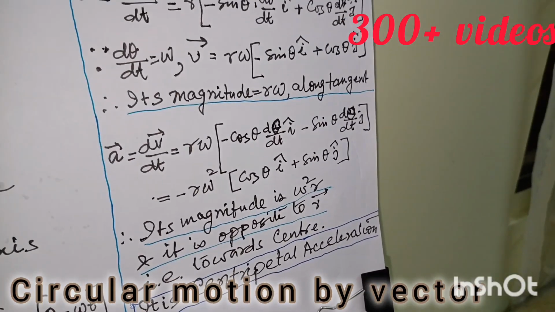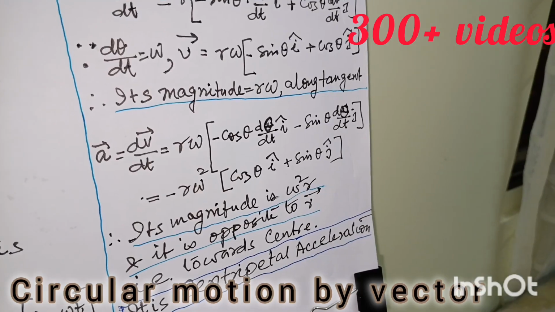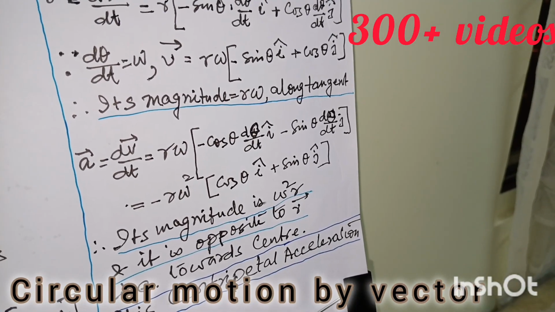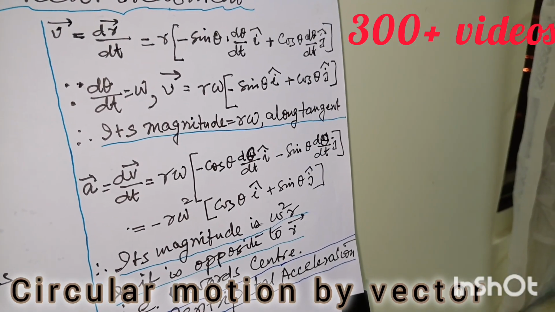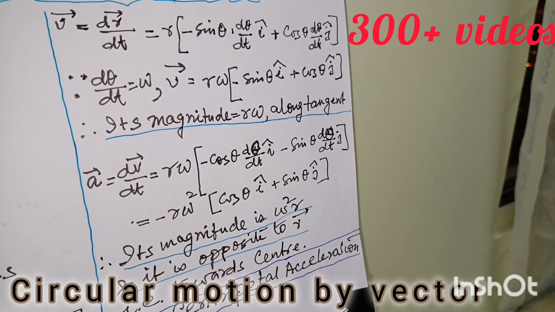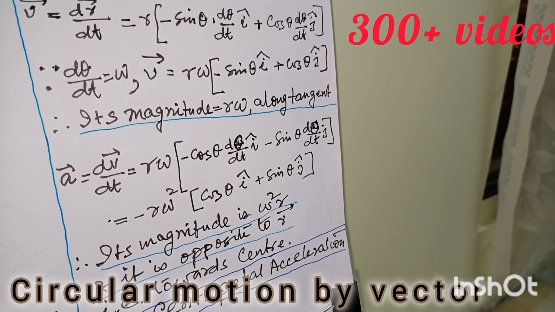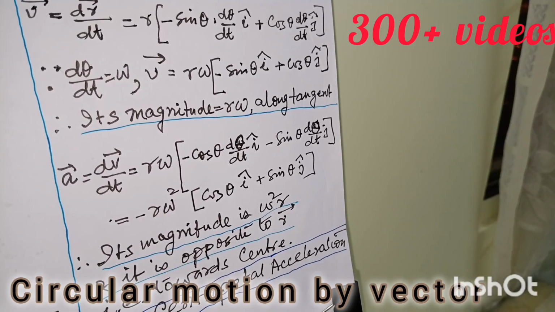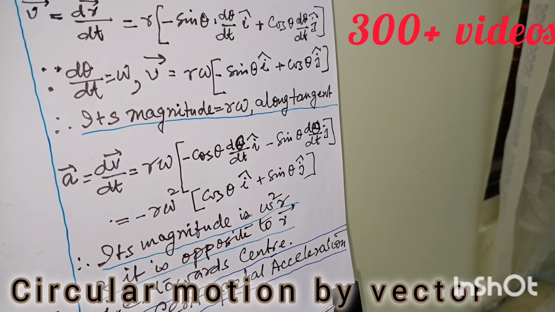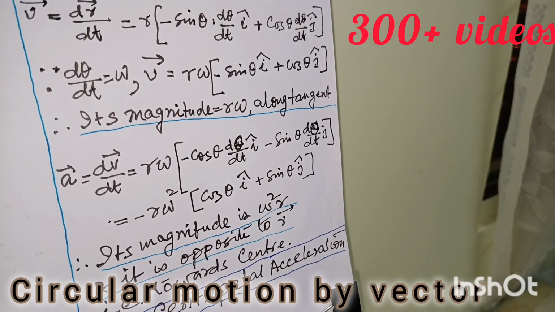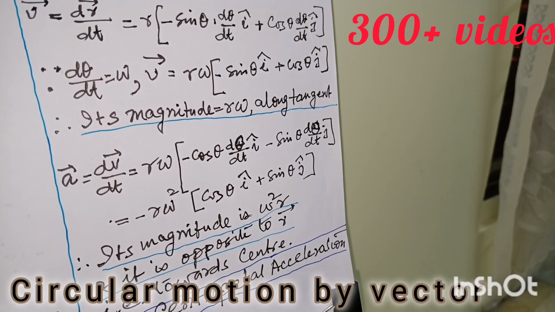Now if we differentiate again, we will get acceleration, a equals dv by dt. If we differentiate the above expression of v, we get r omega into minus cos theta d theta by dt i cap, because differentiating sin theta gives cos theta, and differentiating cos theta gives minus sin theta, so minus sin theta d theta by dt j cap.